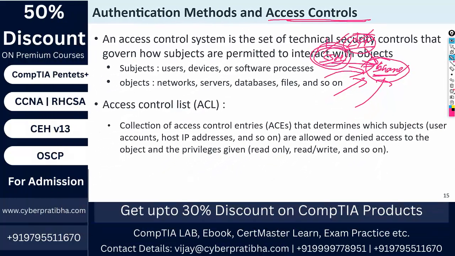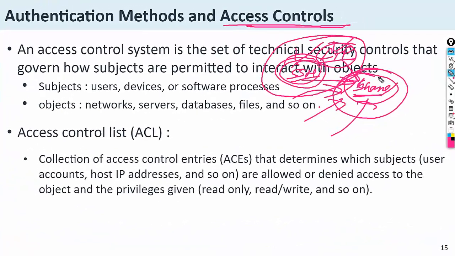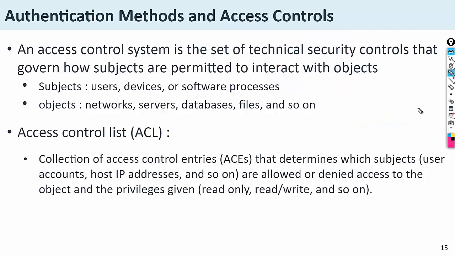Access control controls how the subject and object interact, meaning which permission for which subject is available to access which object. Got it, guys? This is very simple. A user, device or software will access which network, server, database, file and so on.